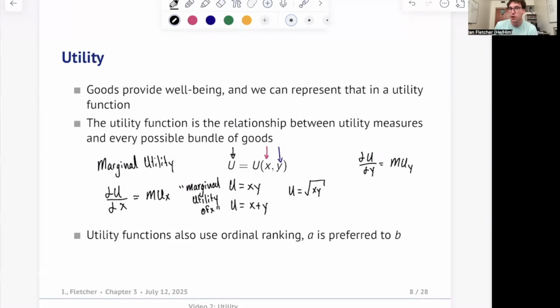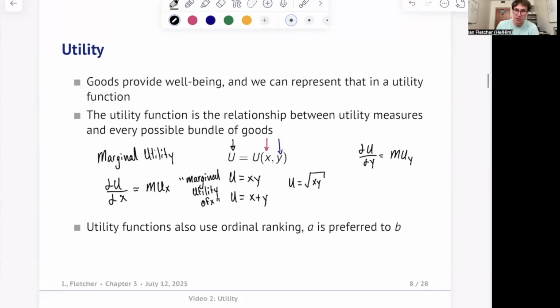We're going to keep our money, we're going to go home, typically. Or we're going to buy the other good, which is what we're going to see in this class, that we're always going to spend all of our money, so we're not just going to go home. But if the marginal utility of one is bigger than the marginal utility of the other, then we're going to buy the good where the marginal utility is bigger, right?